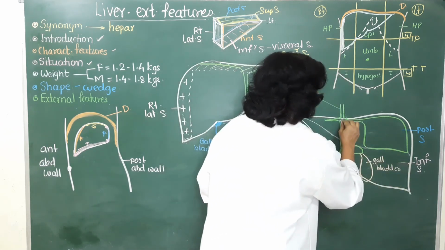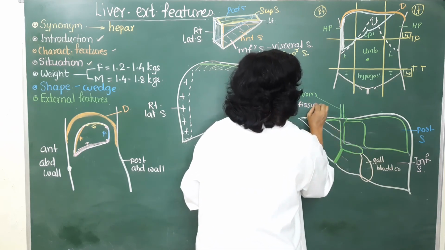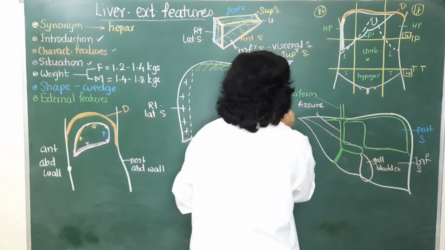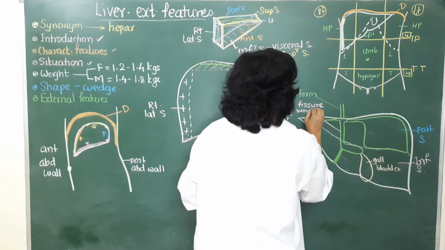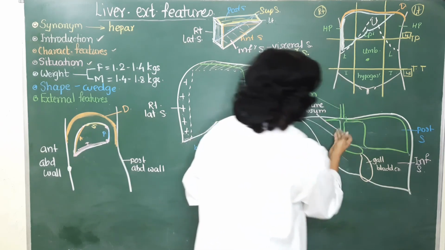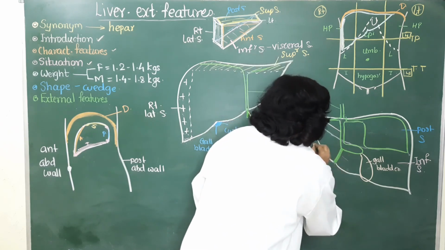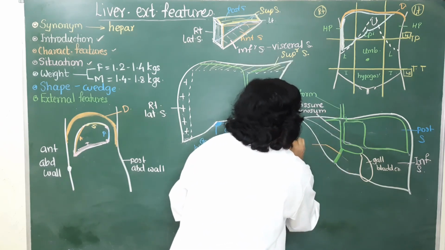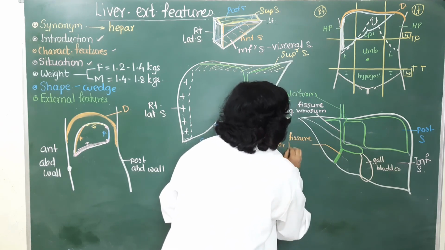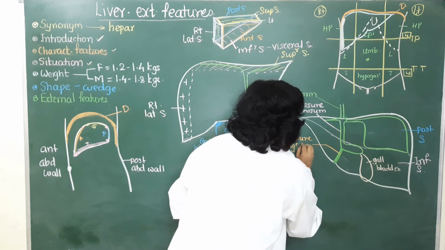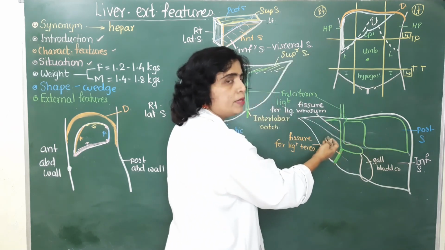Posteriorly, here this groove is the fissure for ligamentum venosum, which separates the right and left lobes, and on the inferior aspect, here is the fissure for ligamentum teres, which separates the right and left lobes from each other.